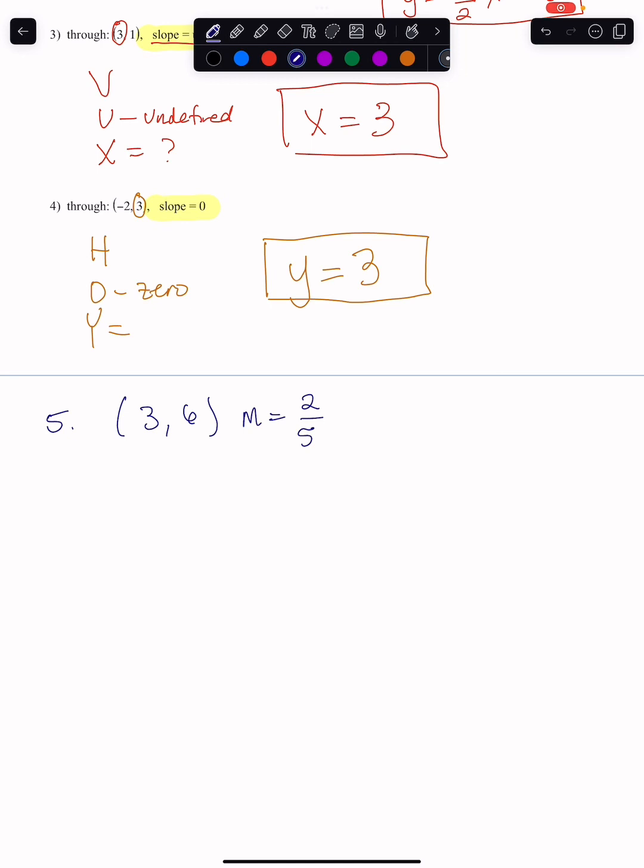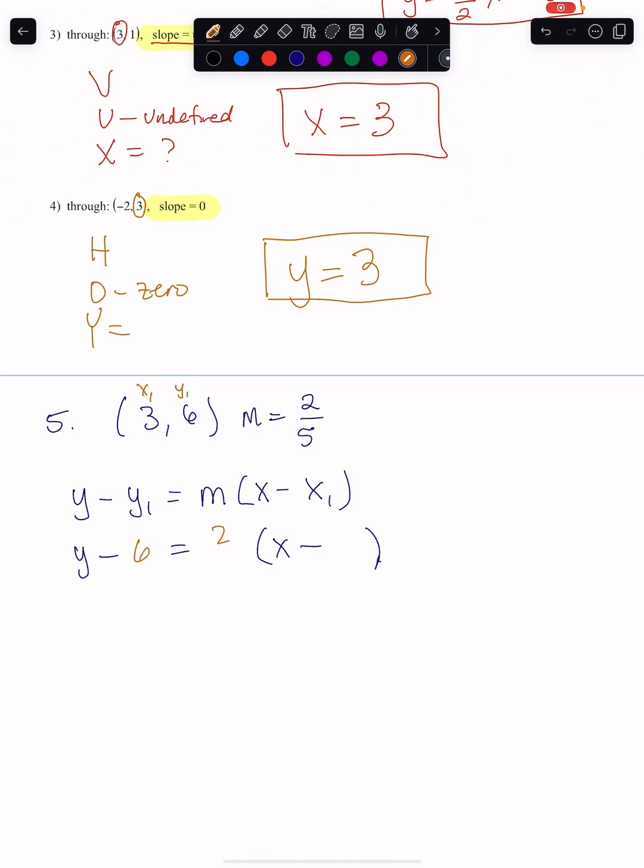So you're going to still do your y minus y1 equals m parentheses x minus x1. And then I'm going to fill in my y1 with 6. My slope is 2/5.